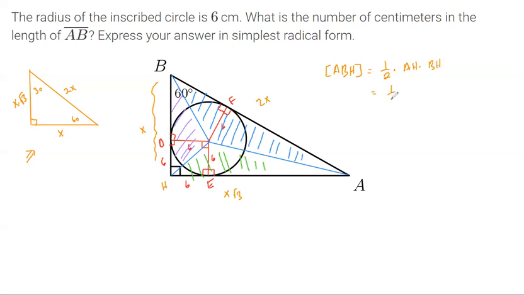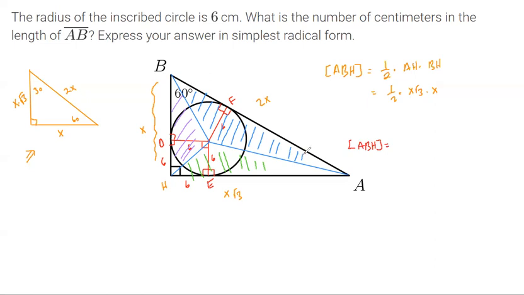AH is x√3, and BH is x. That's one way to find the area of the larger triangle. The second way is that the area of ABH is equal to the sum of the areas of those three triangles.